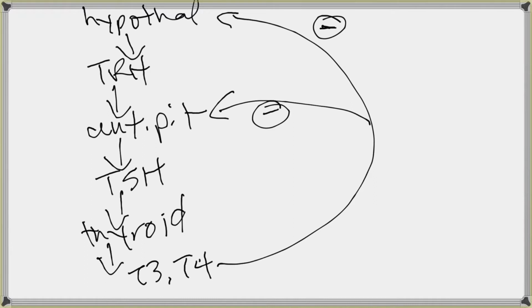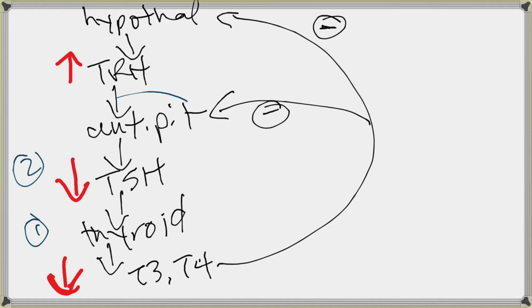They test your T3 and T4 levels and those are low. Then they test your TSH levels and those are low. And then they look at your TRH levels and those are not low. Those are actually relatively high. Then you know that the problem is not primary, but secondary. The problem is with the anterior pituitary.